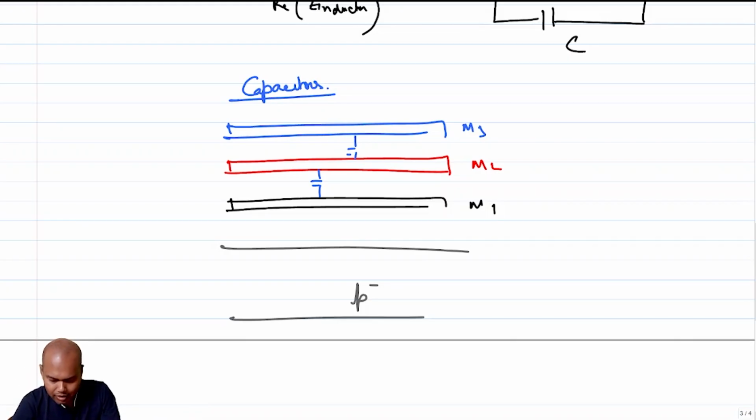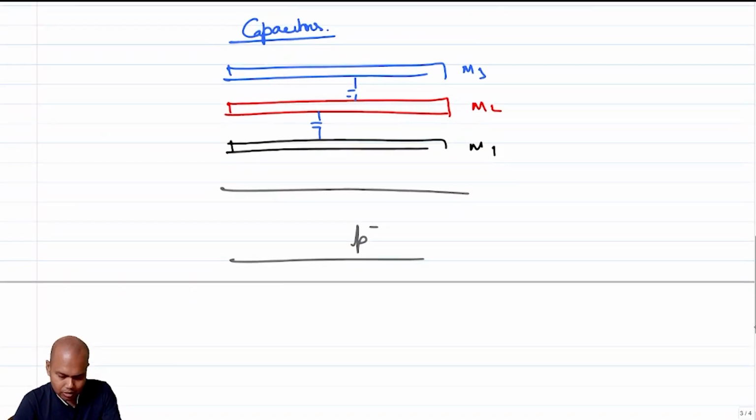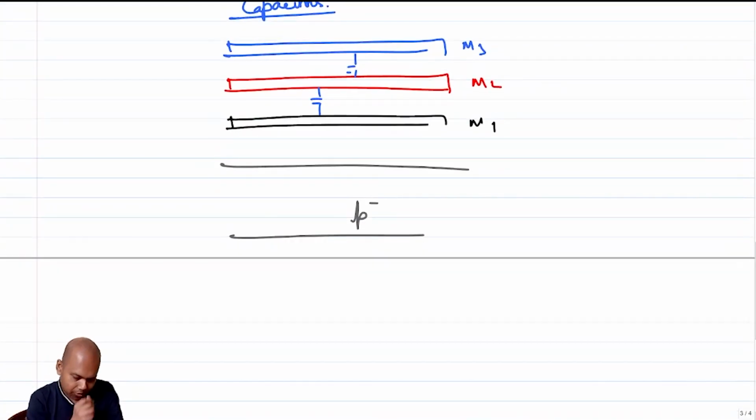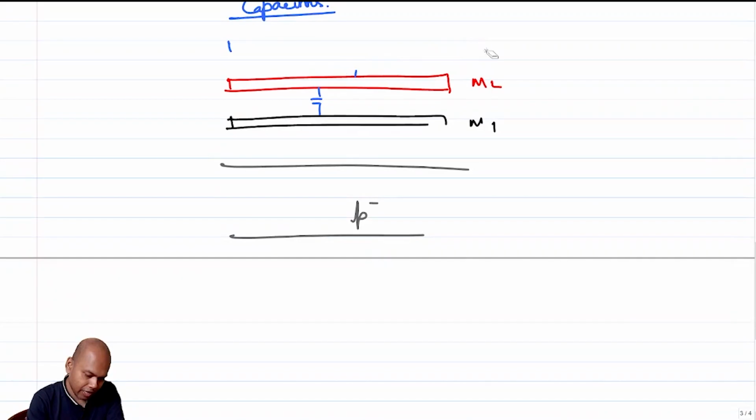And that's as simple as it can get, but there are issues. I mean, it should not be any surprise that we have issues with almost everything. But what are the issues? So now let's concentrate on this structure, where we only have M1 and M2.